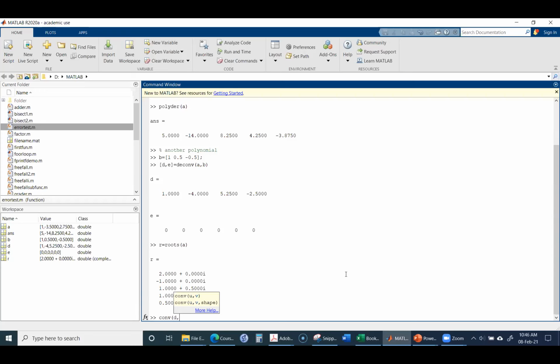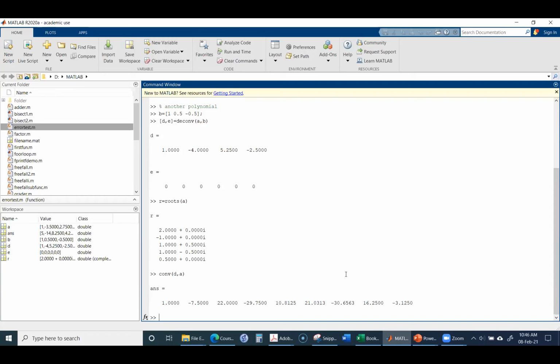The remainder polynomial we did not actually find when the division was performed. So maybe we can multiply d with a, and then let's see what answer we get.